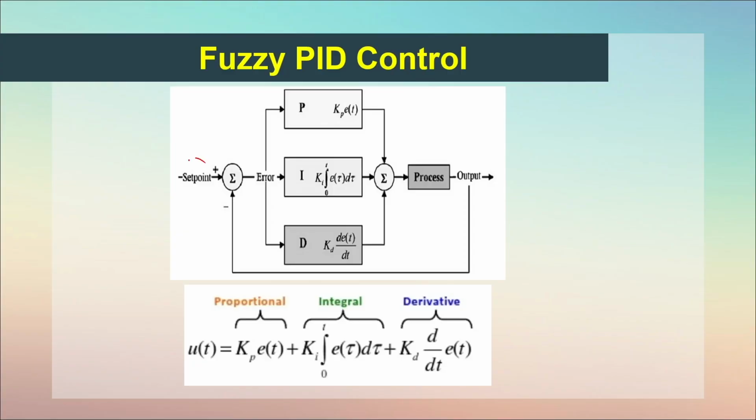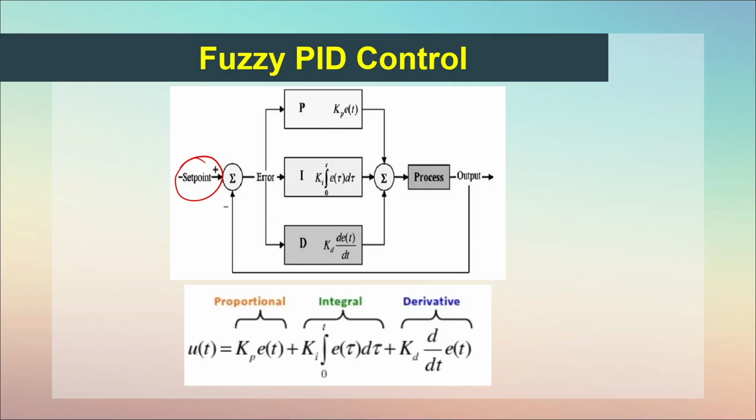If you achieve the desired set point value or the error signal is 0, that means there is no error. This is the block diagram of the PID controller. You are setting the value here, with either a minus or positive sign, and it is summed for the system operation.